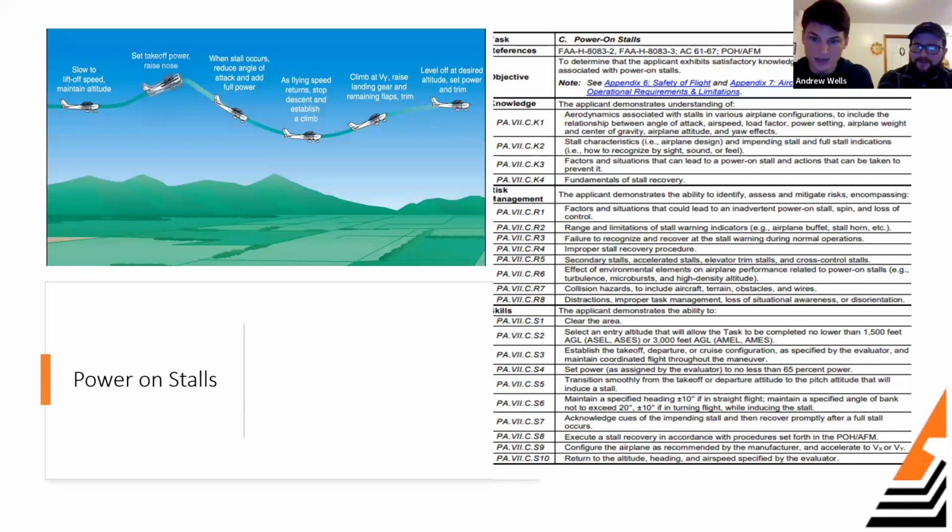As I said, maintain specified heading, plus or minus 10 degrees, and not to exceed 20 degrees of bank, plus or minus 10 degrees. And a big part of making a successful power on stall is coordinated flight. Yes. You don't want to put yourself into a spin. Especially with this maneuver, if you're not coordinated on that rudder, there's a possibility of going into a spin.